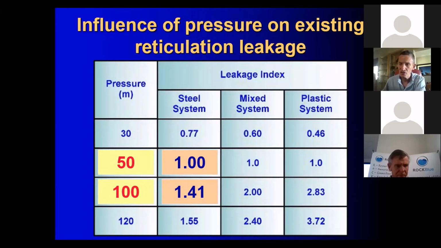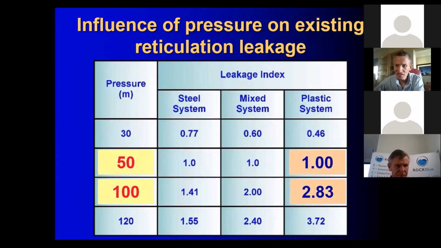So that's not too significant. On a plastic pipe system, however, if you double the pressure, you will increase the leakage from 1 to almost 3. So that's basically a 300% increase, 3 times what it was. And that is the impact of variable area discharges.